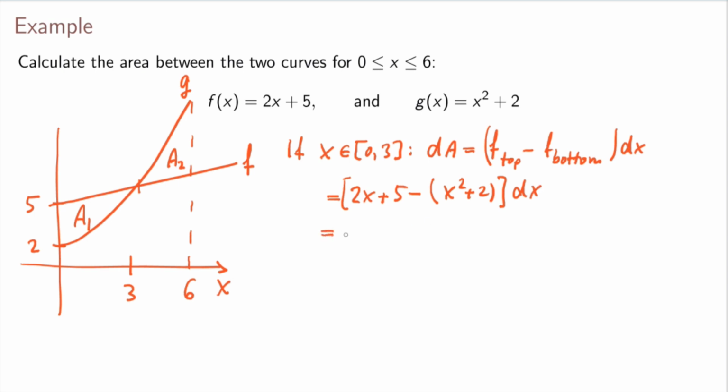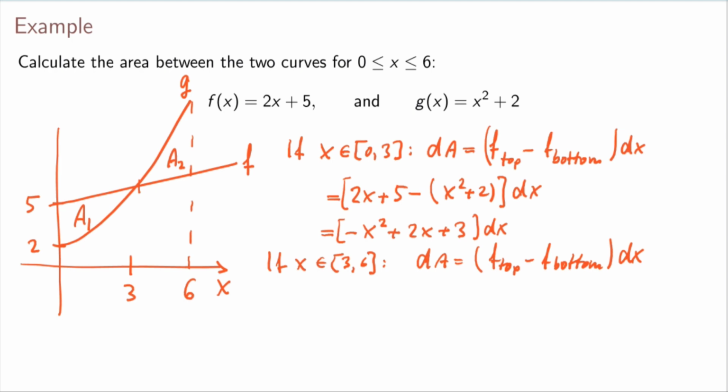And so then we can figure this out. It is minus x squared plus 2x, and then we have plus 3, all this dx. So that happens in the first bit for A1. In the other part, if x is between 3 and 6, then we have the same general formula: dA is f top minus f bottom, but the functions have switched.